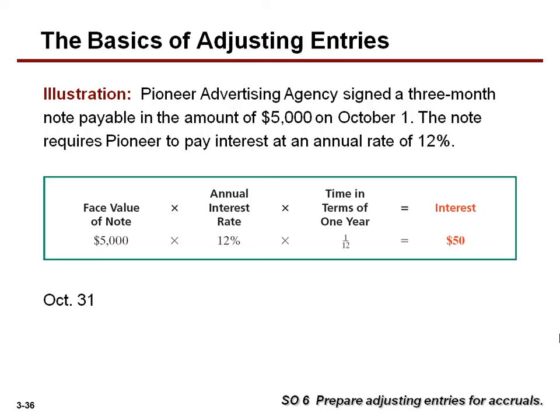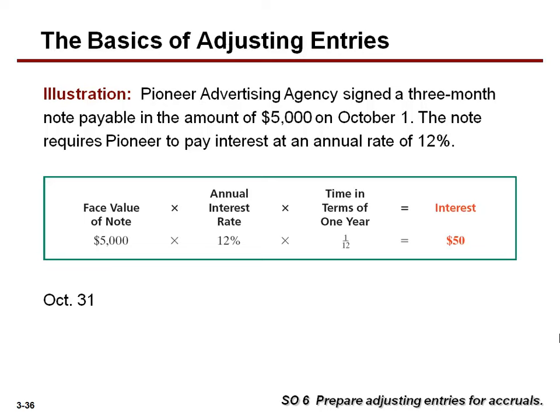Another accrued example, the 3-month note that our company has incurred. We borrowed the money on October 1st. It appears, according to the terms, that it's a 3-month note and we'll pay back the principal amount and all interest at the time of maturity. However, along the way, the cost of that loan must be recognized in the periods in which we benefit from it.